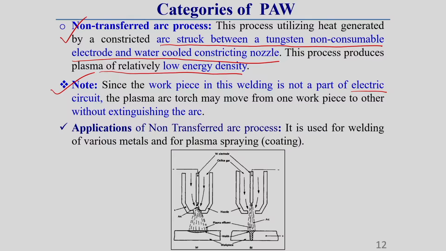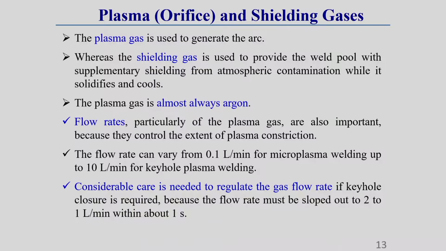So, we can transfer this nozzle from one workpiece to another without extinguishing the arc. This non-transfer mode plasma arc welding process is used for welding low thickness materials, and for plasma spraying or plasma coating purposes.